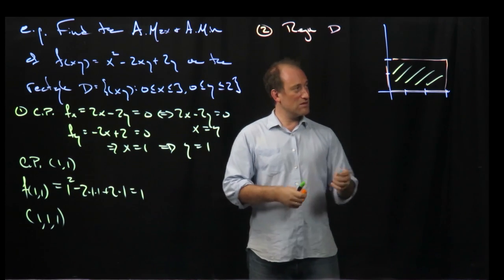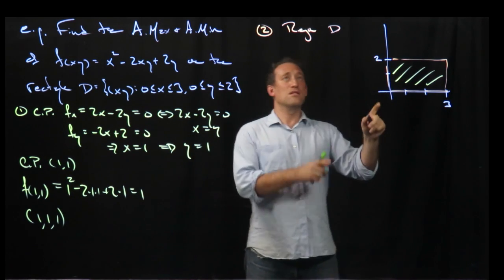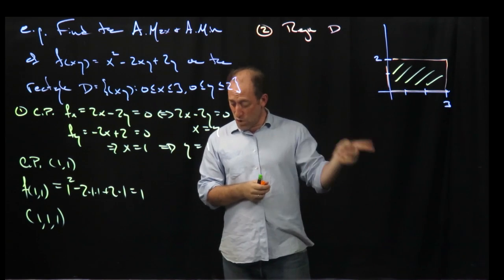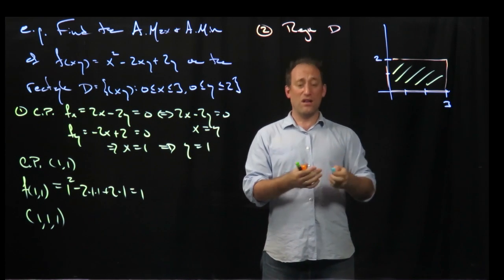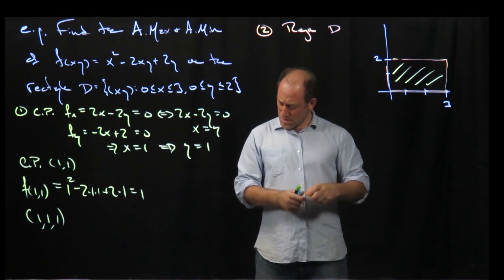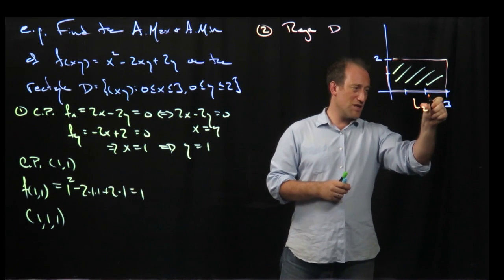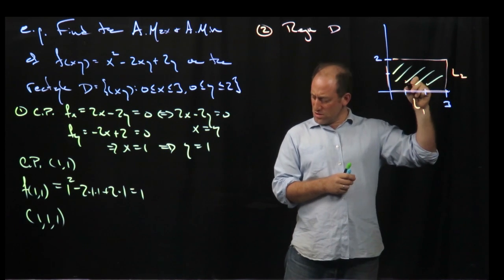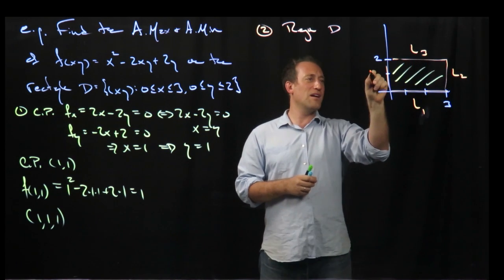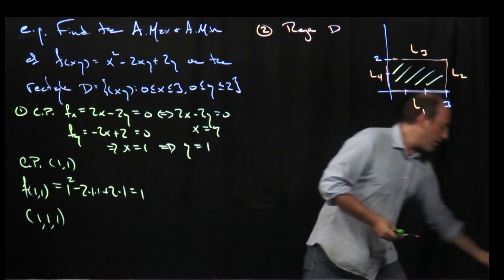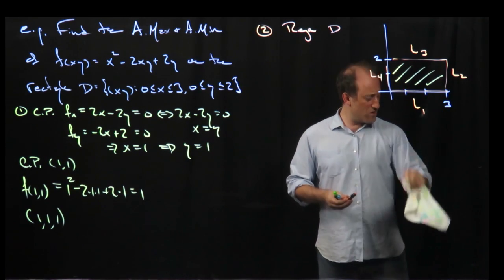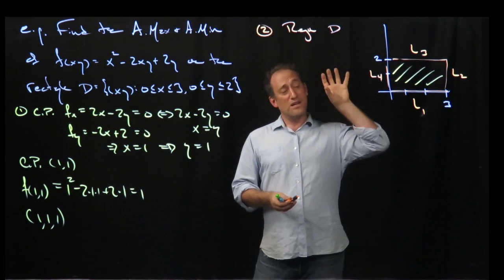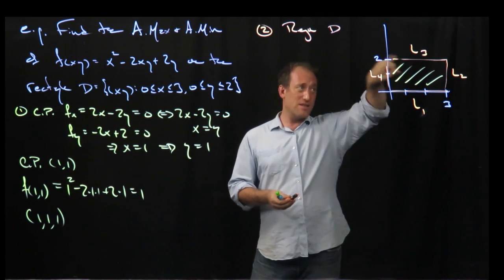Said differently, the region D has boundary, the box, made up of 4 lines, which I'll label L1, matching the book, L2, L3, and L4. This is a bit of what I meant a moment ago, when I said I need to do some Calc 1 analysis on this surrounding box.